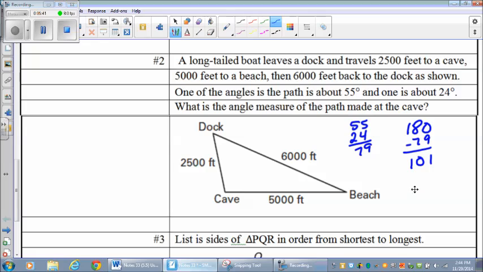That's 101. So if I'm looking at this setup here, the 24 is the smallest angle, so the beach here must be my 24 degrees. The 55 must be my dock degrees, and then the cave has to be the 101 degrees.